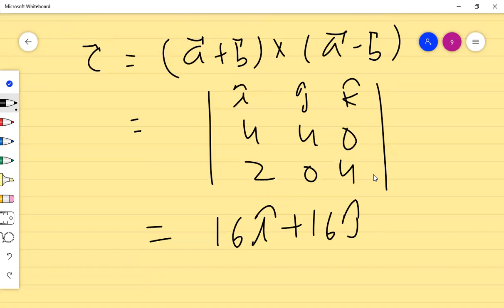Yes, minus 16. And for k cap, we have 0 minus 8, minus 8 k cap. And then finding the magnitude of C.